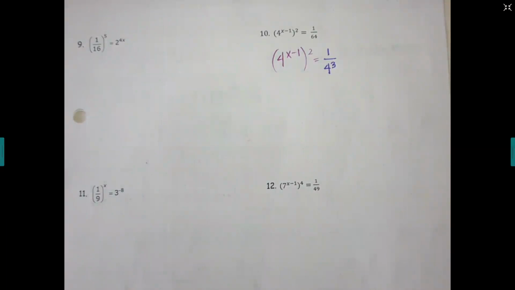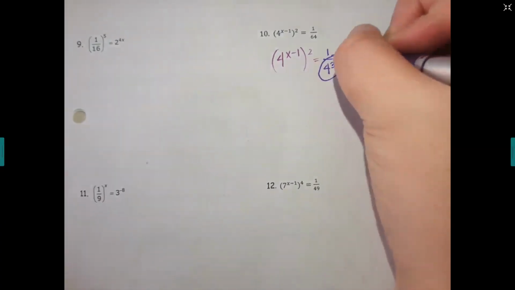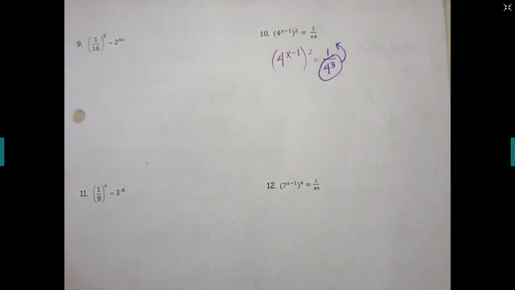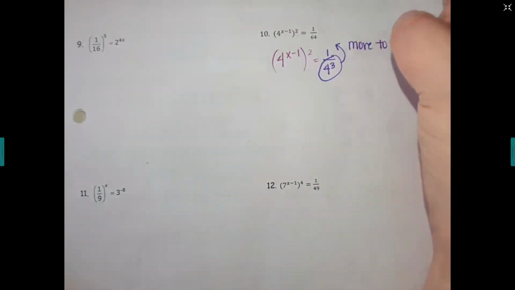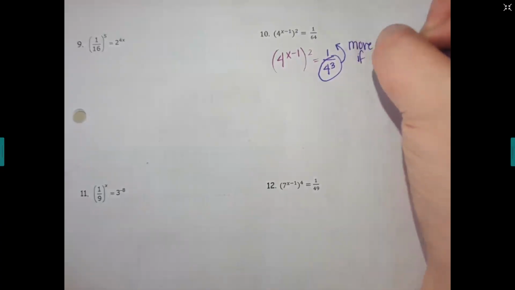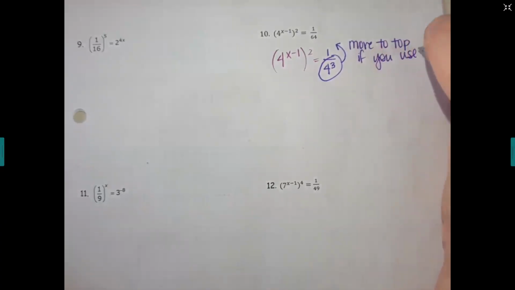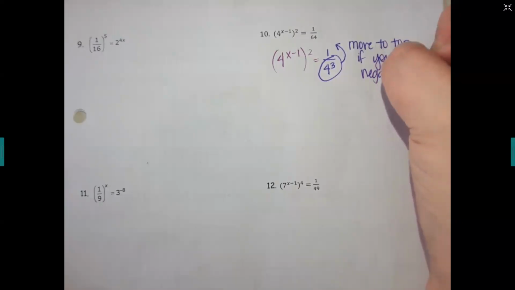So the way that you're going to pull that 4 up from the bottom of the fraction is you're going to take the 3 and turn it into a negative 3. So write a little memo in your notes here that if you want to pull the 4 to the 3 up, you can move to the top if you use a negative exponent.